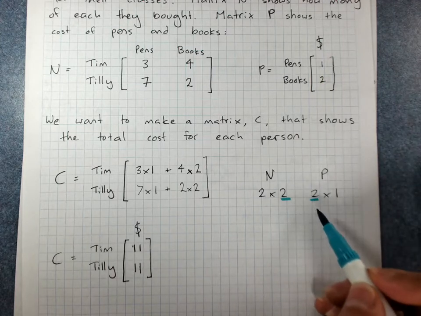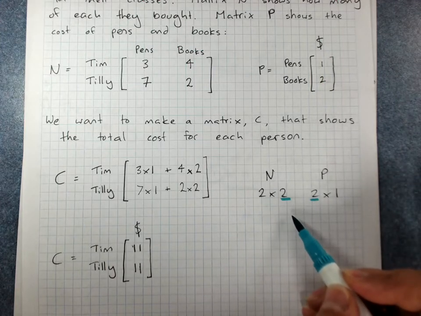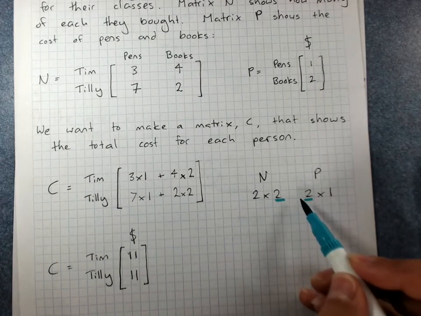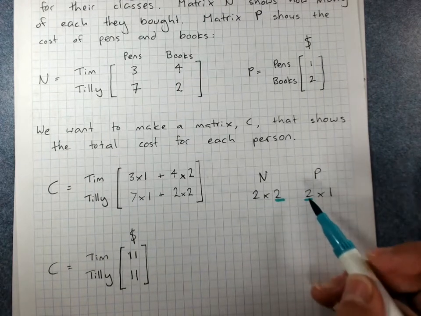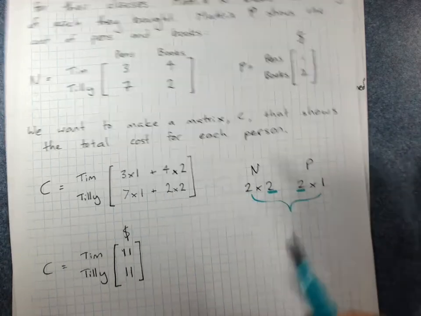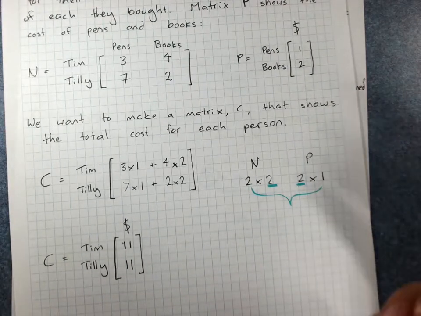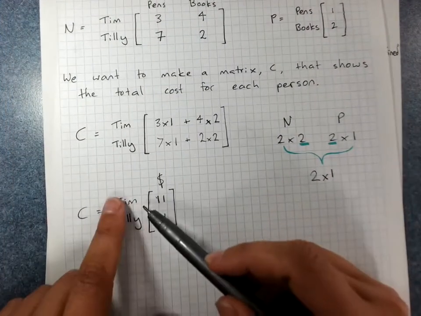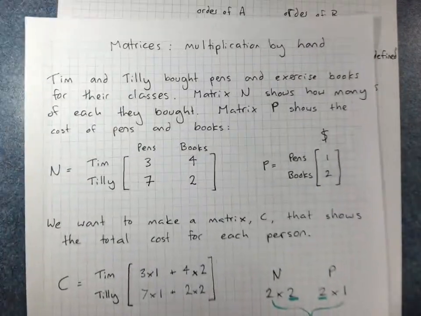Those 2 are the same. We can multiply them. These give me the order of the answer matrix, 2 by 1. My answer matrix, 2 rows, 1 column.